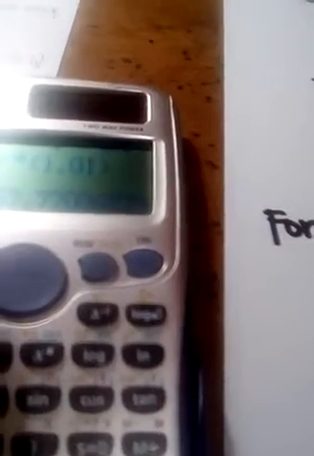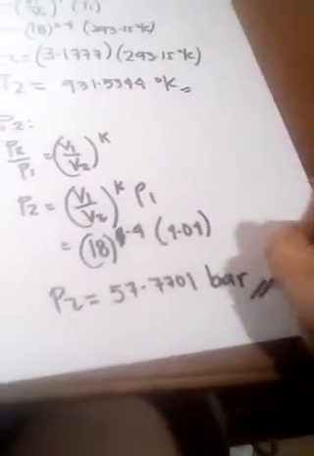It's not 0.4. Let me check it. So this would become 18 raised to 1.4 times 1.01. Therefore, it will become 57.7701 bar. And this is for P2.